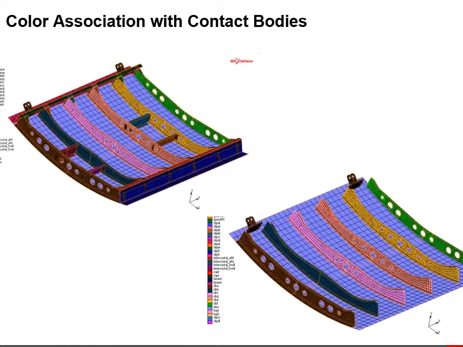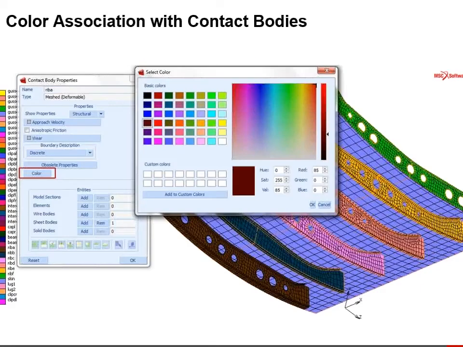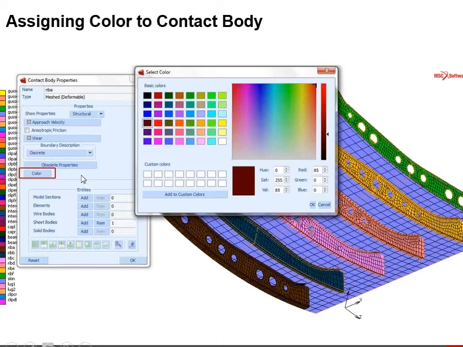And that was very inconvenient when you were trying to do things because your mind basically associated a particular color with the body. That's no longer the case. The colors will remain fixed, whatever the selection options are, and the same colors will be used in post-processing as well. You can also, when you define the body itself, associate a particular color with it, or you can let the Mentat default colors be used.